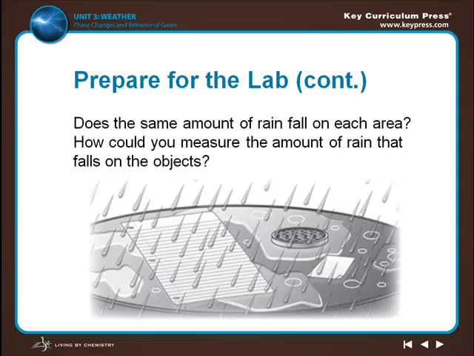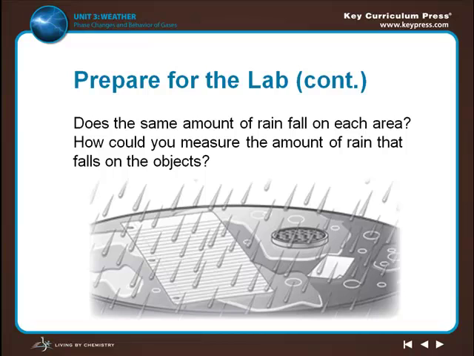What do you think? Okay, so if it rains too much, the small one will get overfilled. But this one's catching more rain than this one. So wouldn't this one get overfilled first? If it's catching more rain? But it's got a much bigger area to catch the rain.